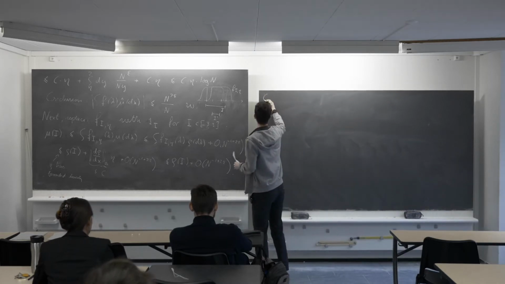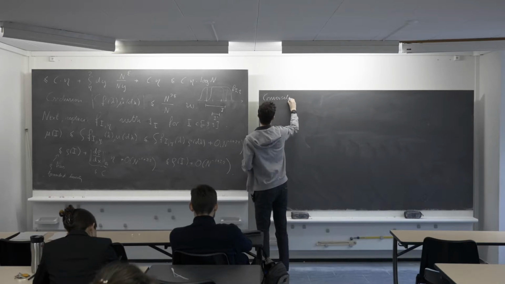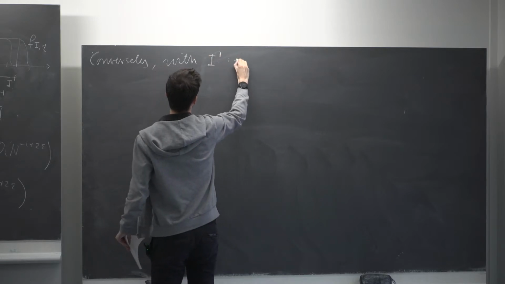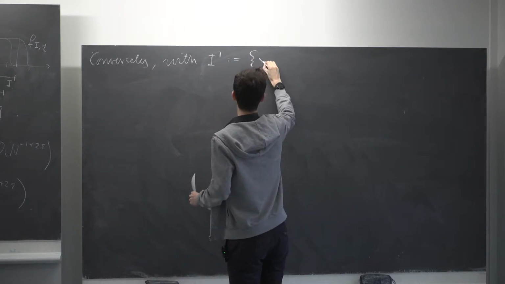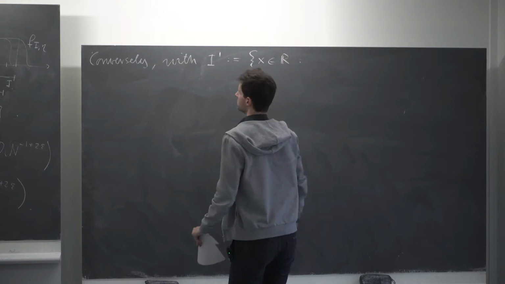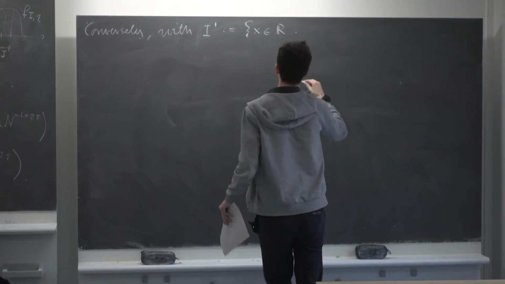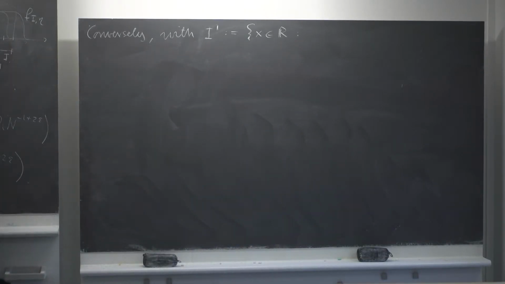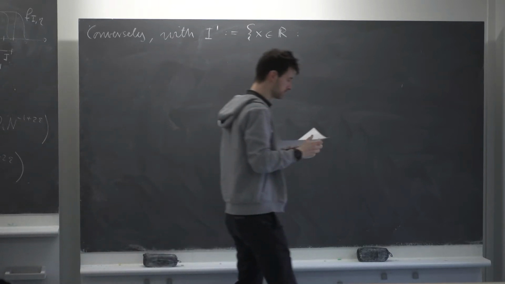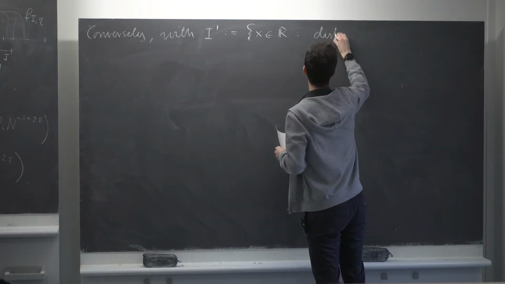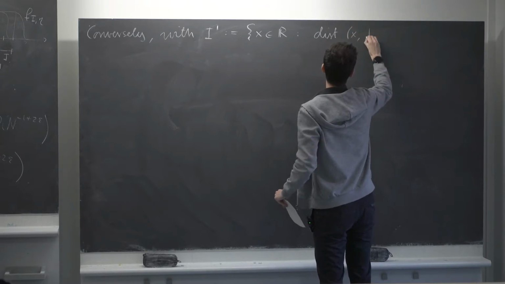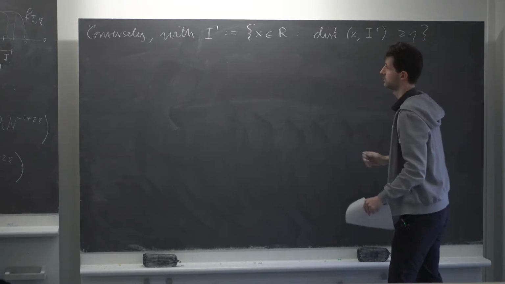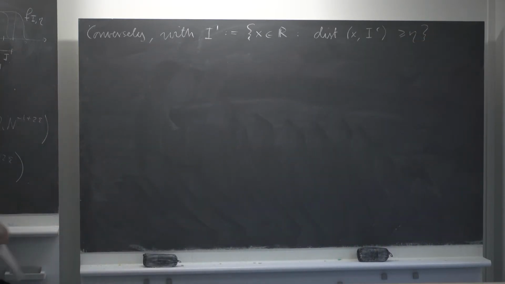So if I take I prime, maybe one precise way of writing it is the set of x's whose distance to the complement of I is at least eta. So you have to be really inside your set I. Okay, it's just a complicated way of writing this thing, right?